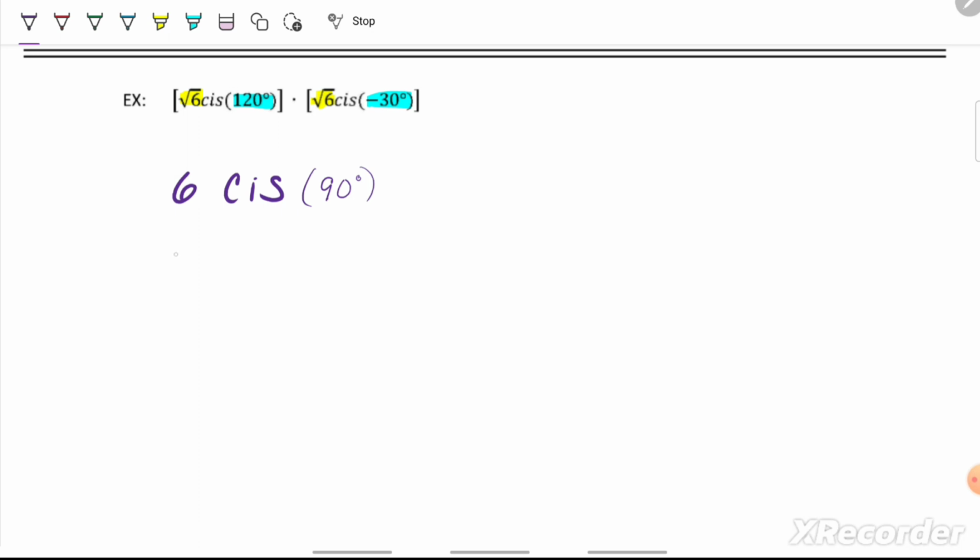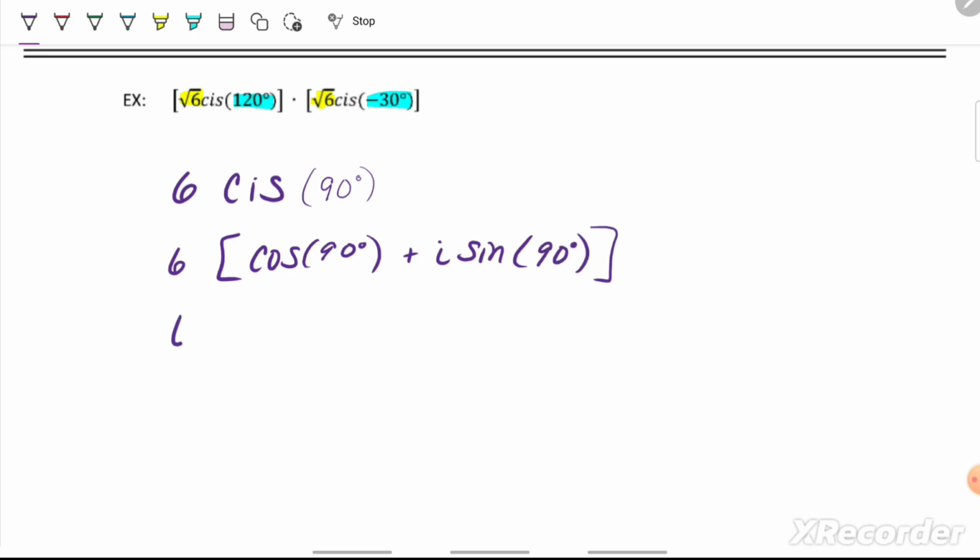So I'm going to start by writing it in our expanded polar form. I'll distribute the 6. And then we'll find our two actual trig values.